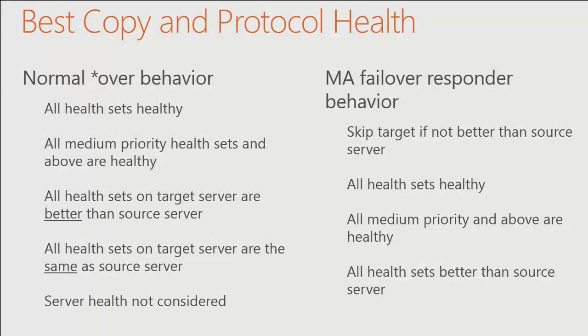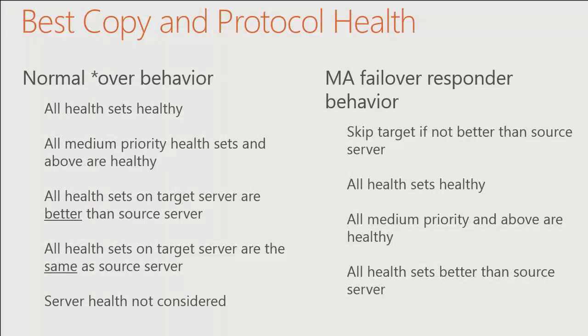But what we look at is there are certain health sets, typically one per protocol, that are marked as HA impacting in their definition. Those are the ones we're looking at for this, and we're looking to find all of them healthy. We also prioritize the health sets, so the protocols are prioritized. For people that love POP, I'm sorry, it's medium priority. For Outlook, OA, and EWS, they're high priority. I think you can all understand why.